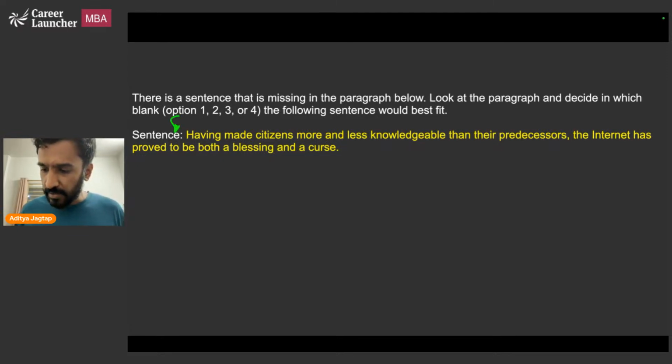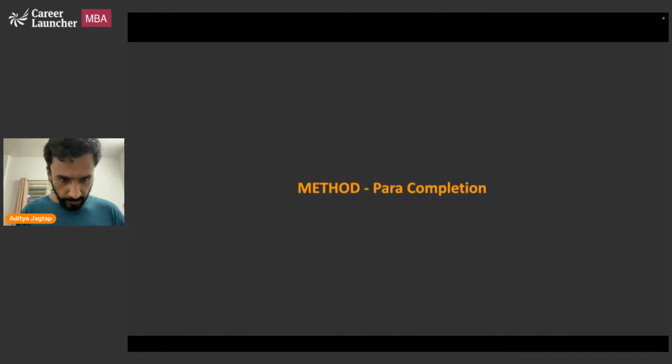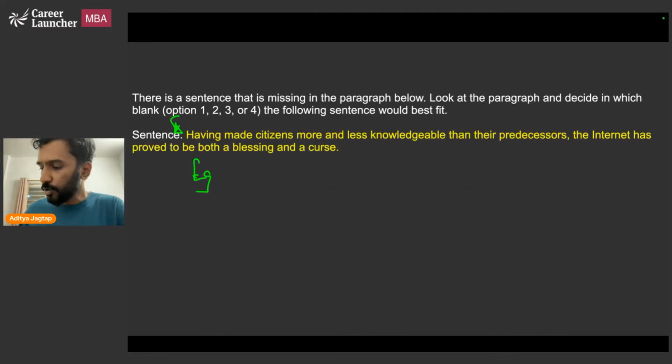This is just an example of a sentence, for me to show you how the question looks, and then for me to briefly discuss the method. Okay, there would be a sentence given, and we would have to fit it in one of these blanks. So the method for solving this question, this is a para-completion question, or a fill-in-the-blank para-completion question. Call it what you want.